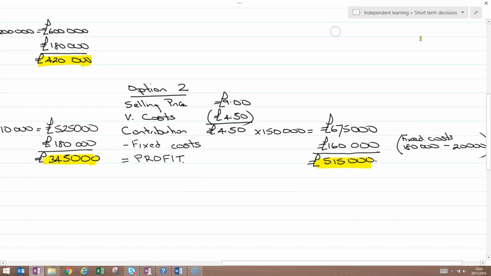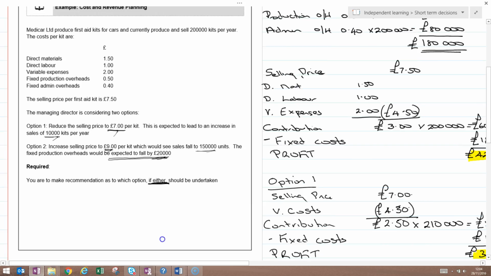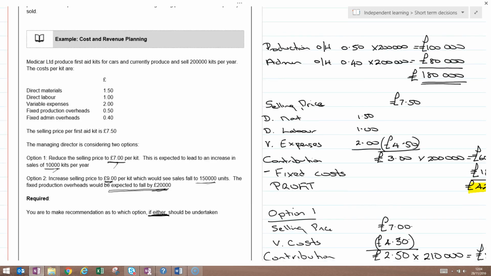Now, if you're doing any of these cost and revenue type questions, I suggest that you try and get into good habits in terms of how you calculate them. Always look at identifying your fixed overheads firstly. So as you could see in this example, they were given on a unit cost.